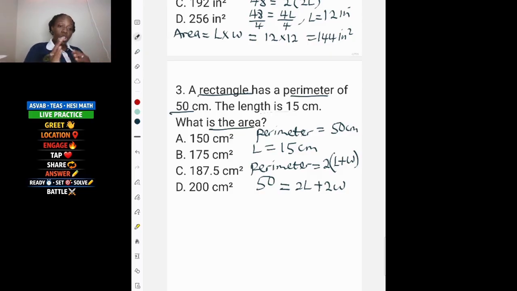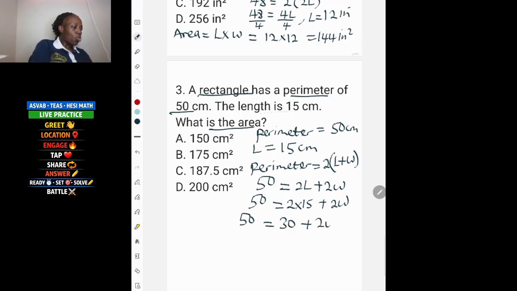We want to make it simpler and simpler going forward. So we now have 50 equals 2 times 15, since length is 15, plus 2 width. That will still be 50 equal to 30, that is 2 times 15, that's 30, plus 2 width.